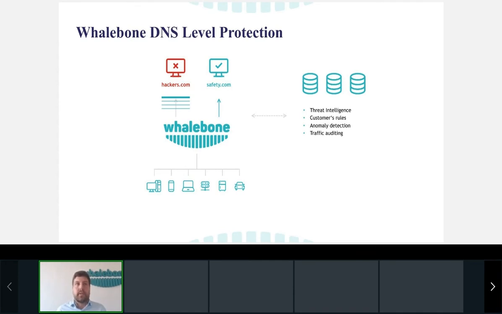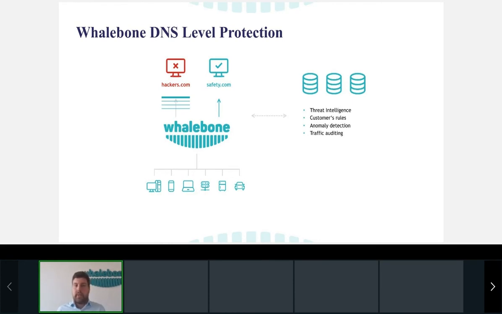We aim to do this without any installation to the end devices whenever possible. We operate on the DNS level, giving us the opportunity to actually protect any device regardless of the platform that it runs on. So we don't care about the base platforms.